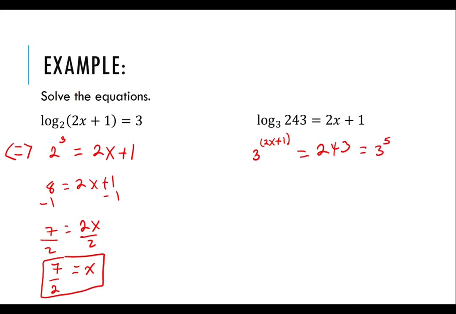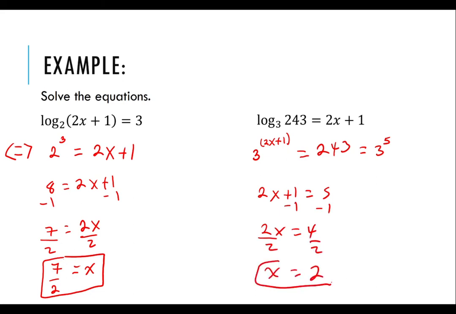Well, that means that because I have 3 to the 2x plus 1 is equal to 3 to the 5th, because my bases match and I just have a single one on each side, then I can just set the exponents equal to each other. 2x plus 1 is equal to 5, minus 1 minus 1, 2x is equal to 4, divide by 2, divide by 2, x is equal to 2. But look here, there's no issues with the domain, so we're perfectly fine.